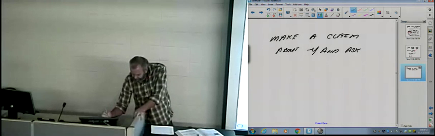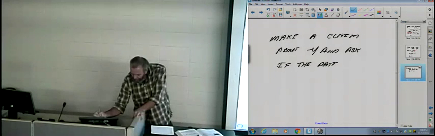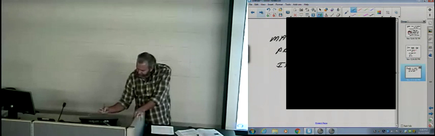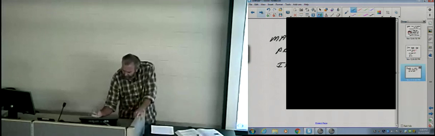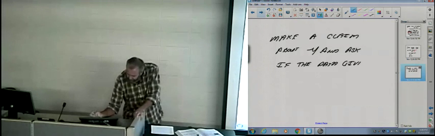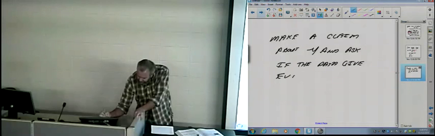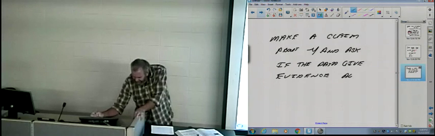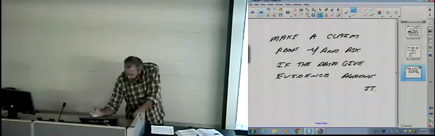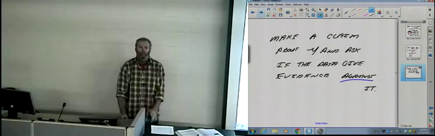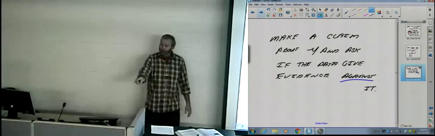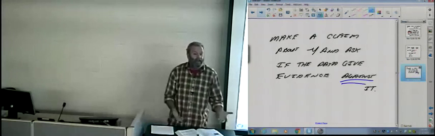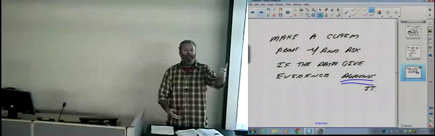If the data give evidence against it, so we make a claim about mu, and then we're looking at the data, and we want to know, does the data give me evidence against that?